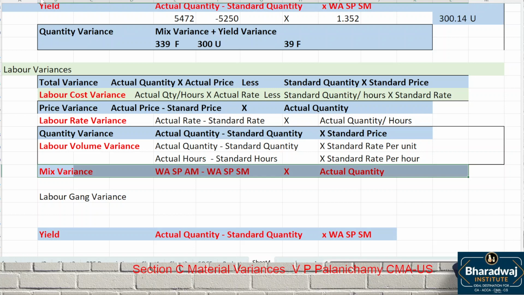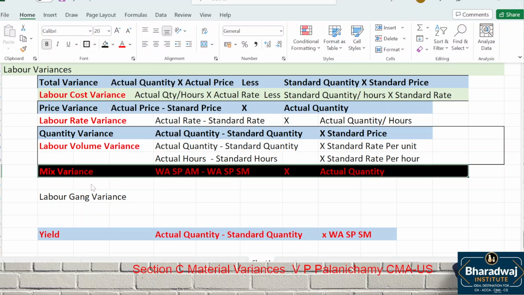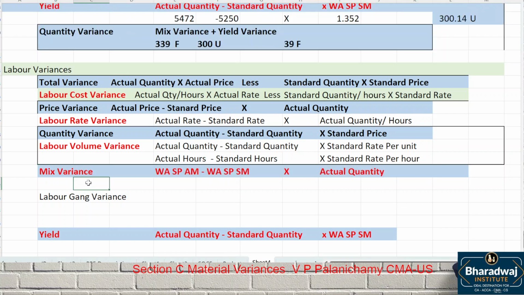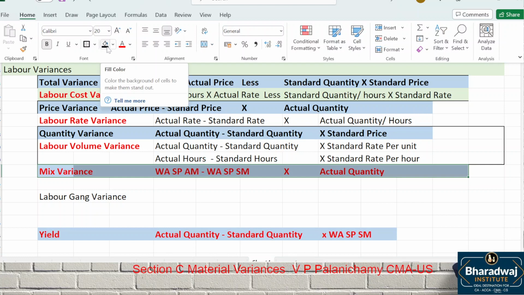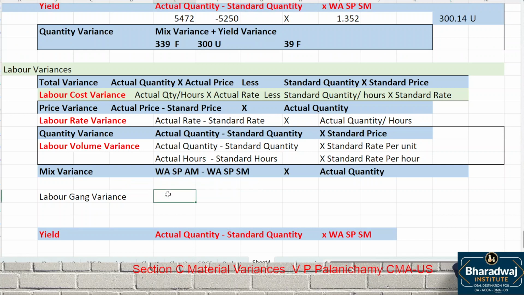So in case of material, we use the word mix variance. In case of labor, we use the word which variance? Gang variance. How to work it out? Simple.